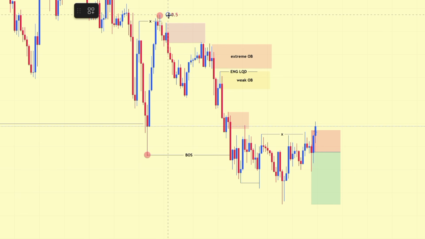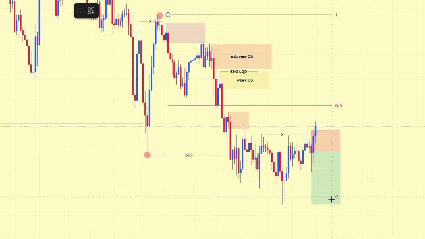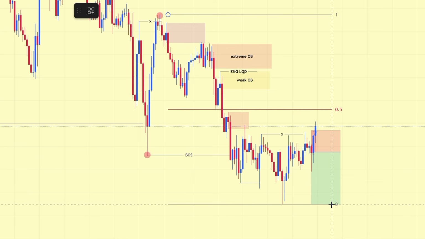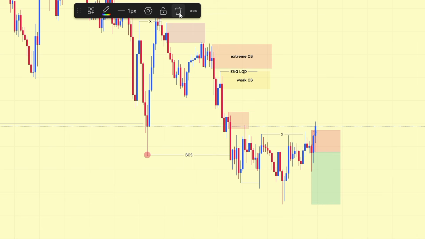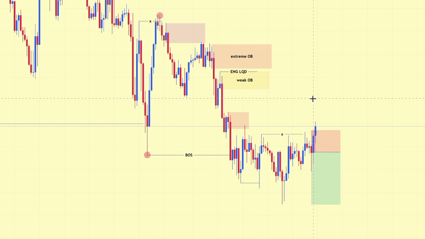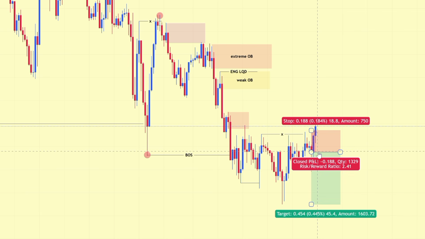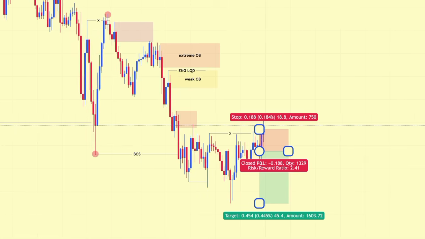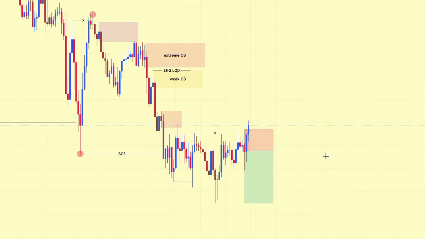So again, I said an important rule is to always sell in premium and buy in discount, and you can clearly see, stopped out. Even though that's a valid entry, this time around you will be stopped out, and you will have a low win rate if you will be taking these kinds of entries, if you will not be considering that rule to sell in premium and buy in discount.